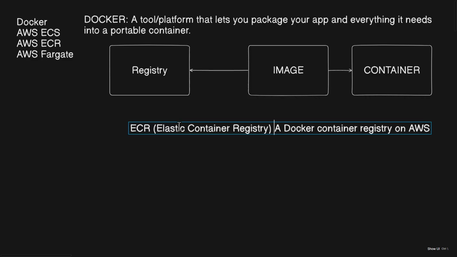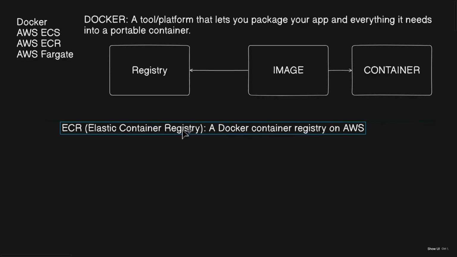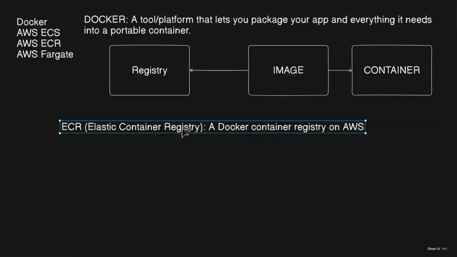So it's basically a Docker Container Registry. It's a way to host your images on AWS. Like we saw Docker Hub, where you can come and host your images, the same way you have ECR, which is an AWS service. It is by AWS, and you can come and host your images there as well. Okay, so that is what ECR is.